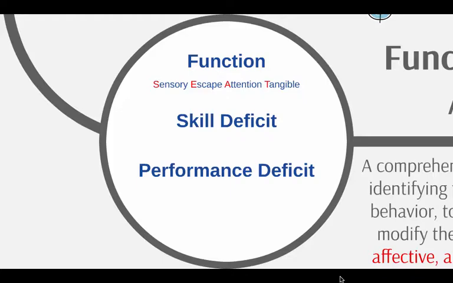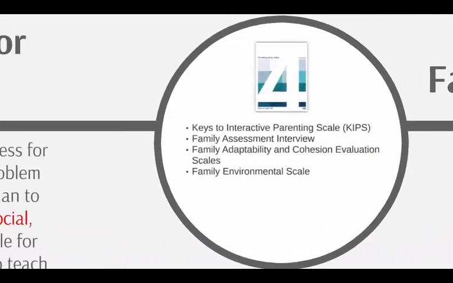And for that reason, we conduct what's referred to as a functional behavior assessment, and we're looking to identify the potential causes of behavior and the function of the behavior that's being presented. We're looking to identify skill deficit areas and performance deficit areas as well.